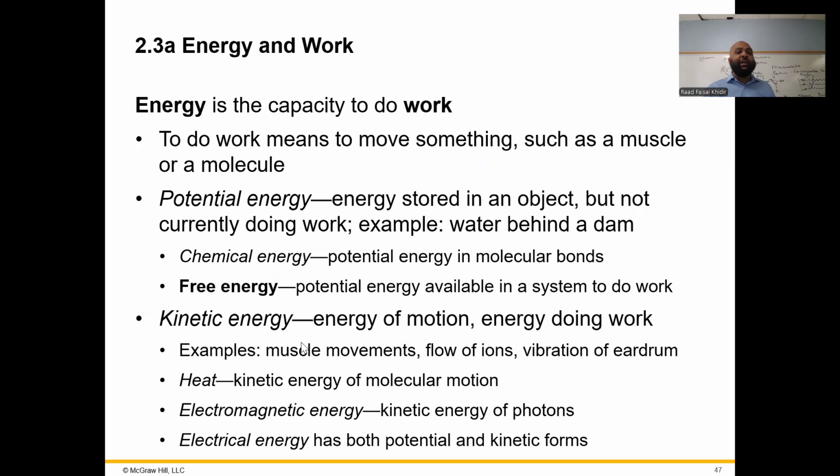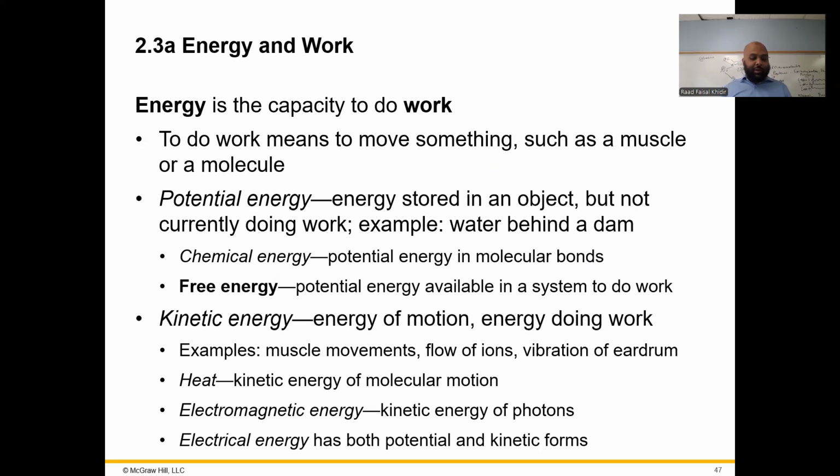There is potential energy, the energy stored in an object but not currently doing work. An example would be water behind a dam that has potential to spill and move the blades of a solenoid, and in the middle of it there would be a copper iron with a magnet to create an electric field. But that's potential energy.